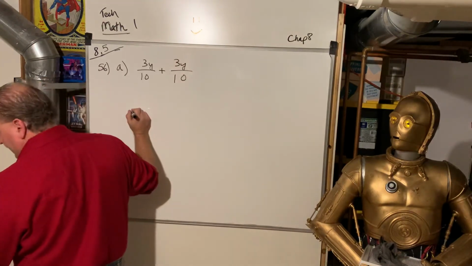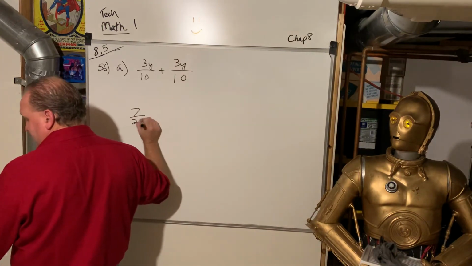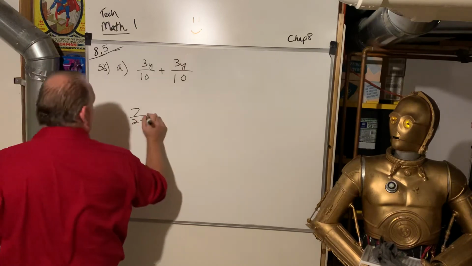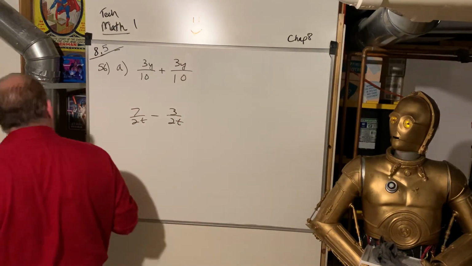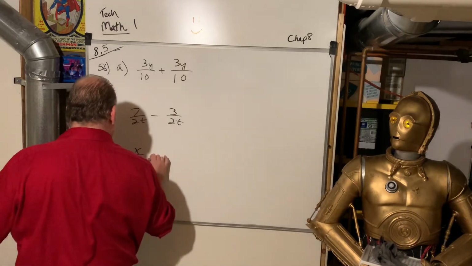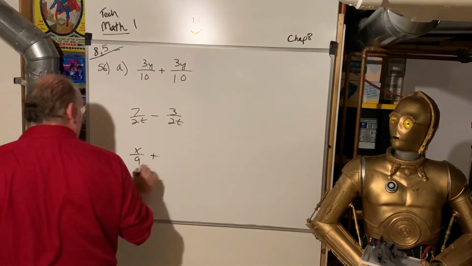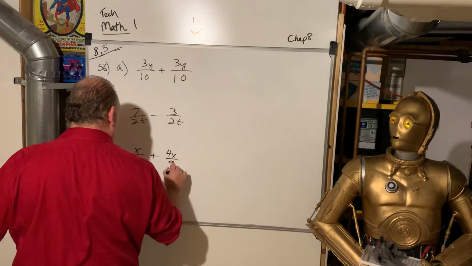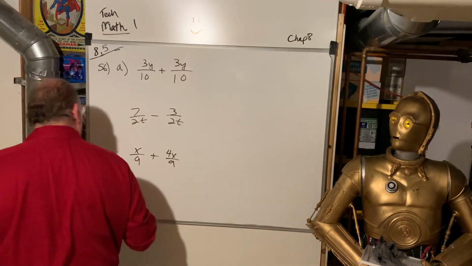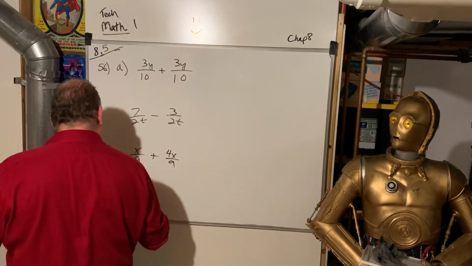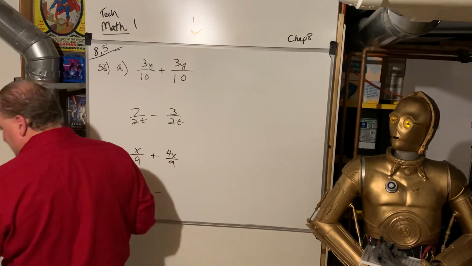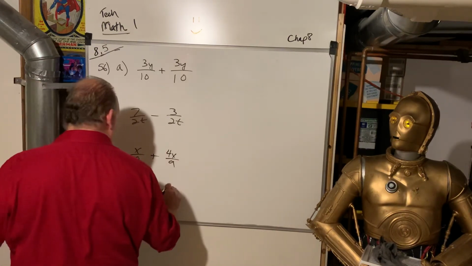And then they have 7 over 2t minus 3 over 2t. And then they have x over 9 plus 4x over 9. And they have 11p over 4m minus 7p over 4m.